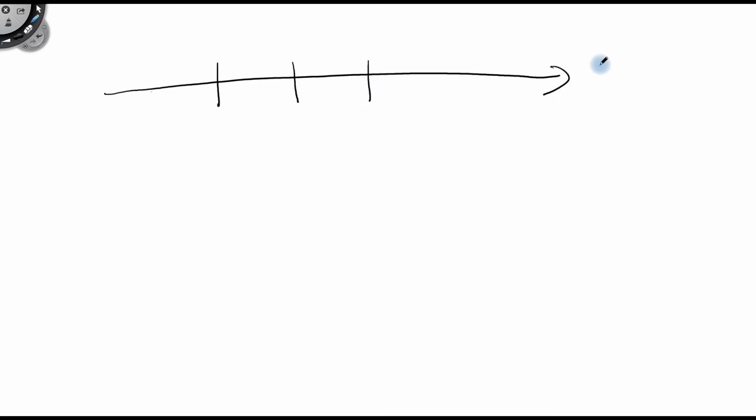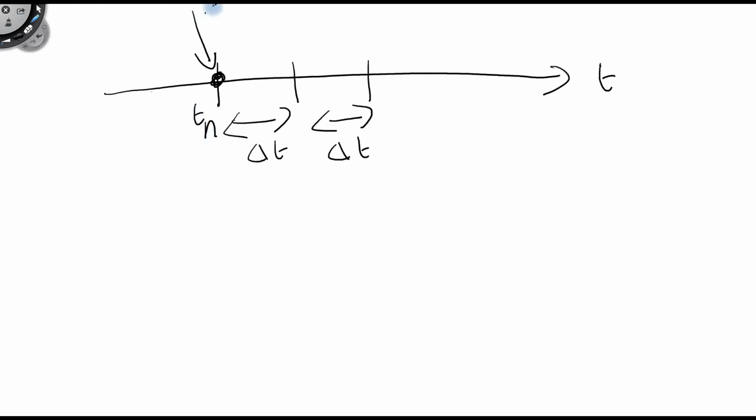The idea is that we break up our timeline into little steps of delta t. With Forward Euler, say that's t of n, you're just evaluating f of x of n, which is just at that point in the timeline.